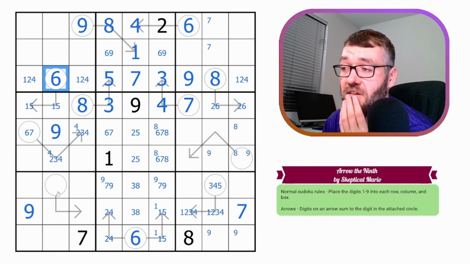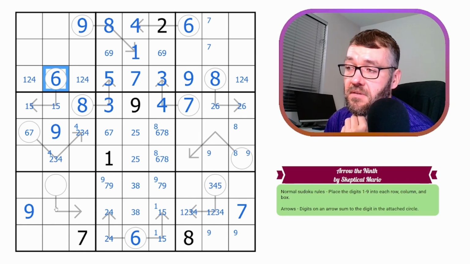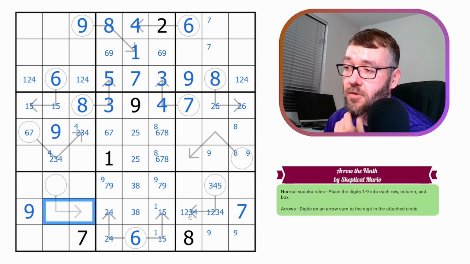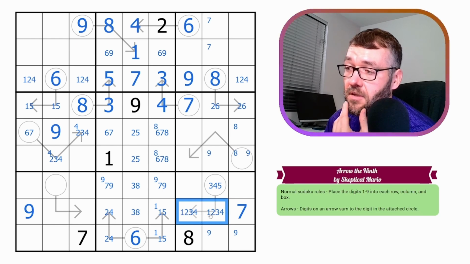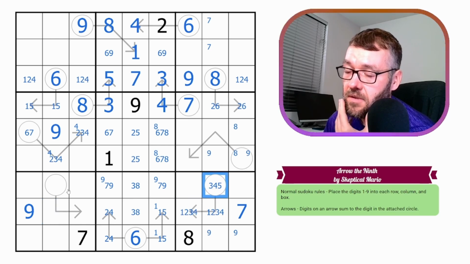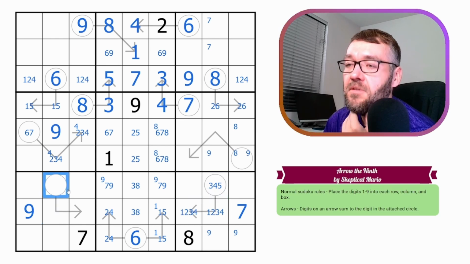Could it be a 5? It can't be a 5, I don't think. Because if this was a 5, this would be like a 2, 3, or 1, 4, which would remove either 2, 3, or 1, 4 from here, making the other pair the other 2, 3, or 1, 4. Let's say this was 2, 3. That would make this 1, 4, which would also make this a 5. So this can't be a 5.